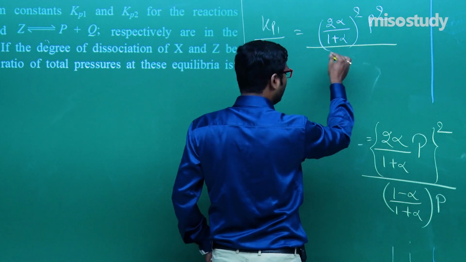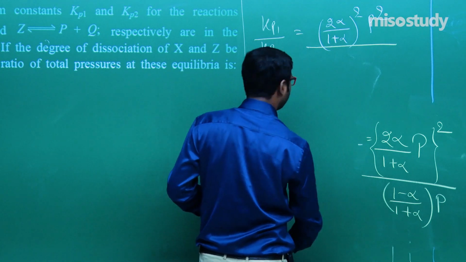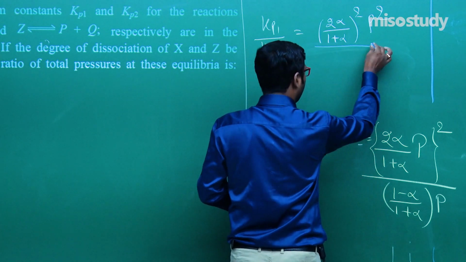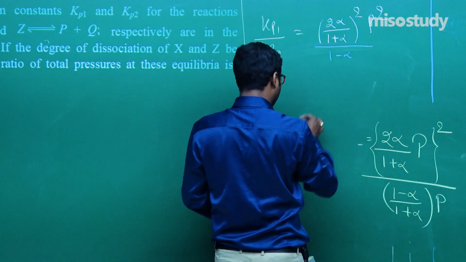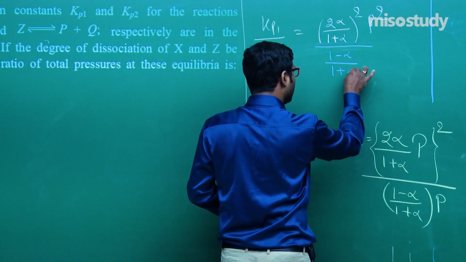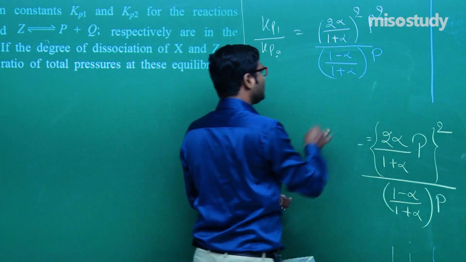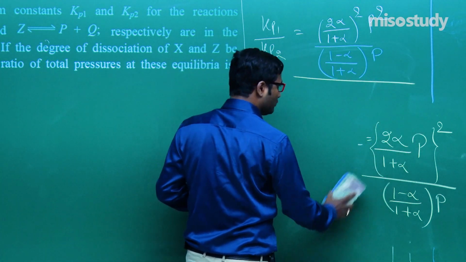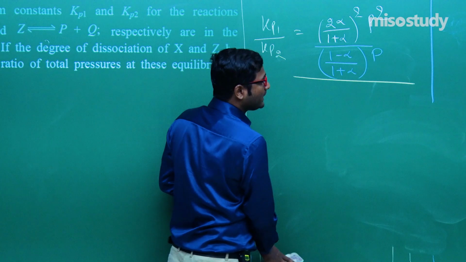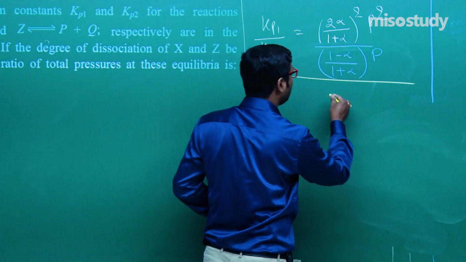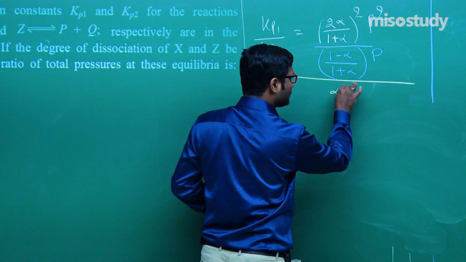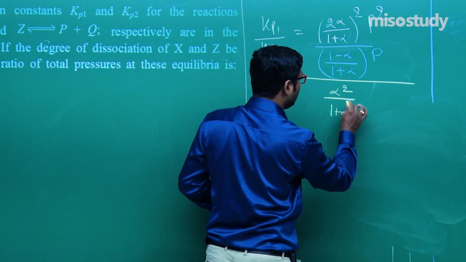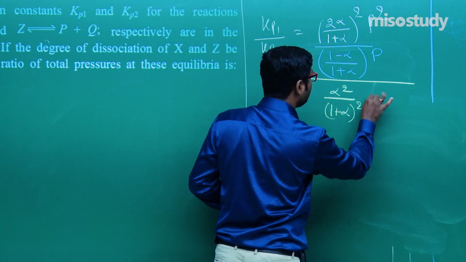Divided by 1 minus alpha upon 1 plus alpha into P. This is the first Kp1, and now divided by Kp2. Kp2, the expression is alpha into alpha, alpha square upon 1 plus alpha whole square into P square.